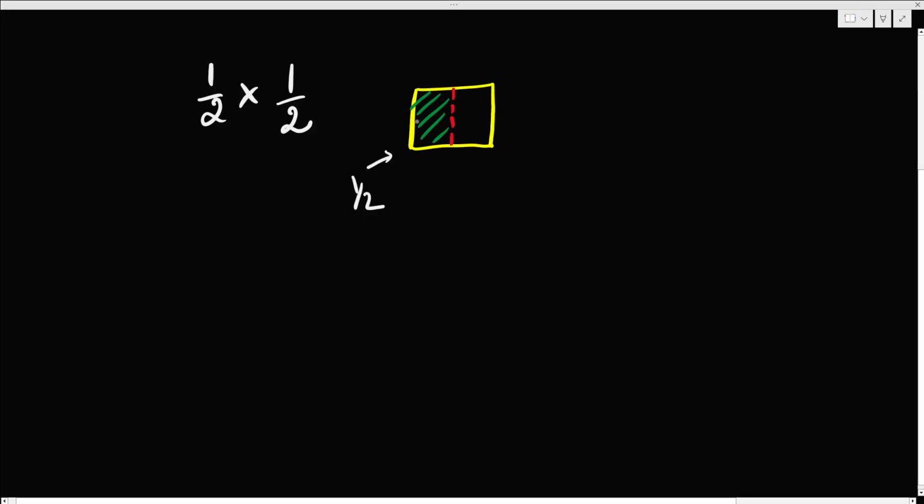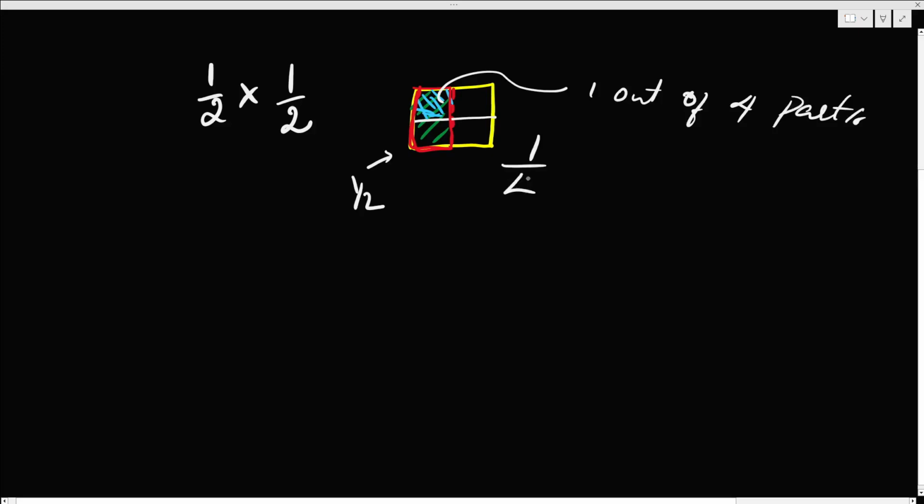Now let us divide it into two equal parts again. Now we are taking half of this half. So this is 1 out of 4 parts. Then it becomes 1/4. So half of a half becomes 1/4.